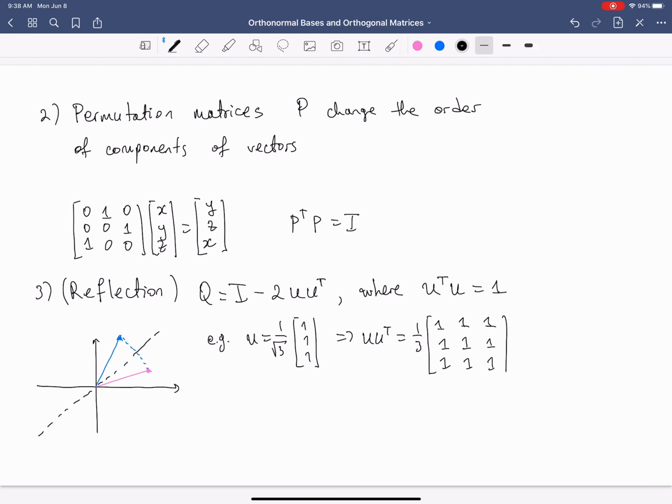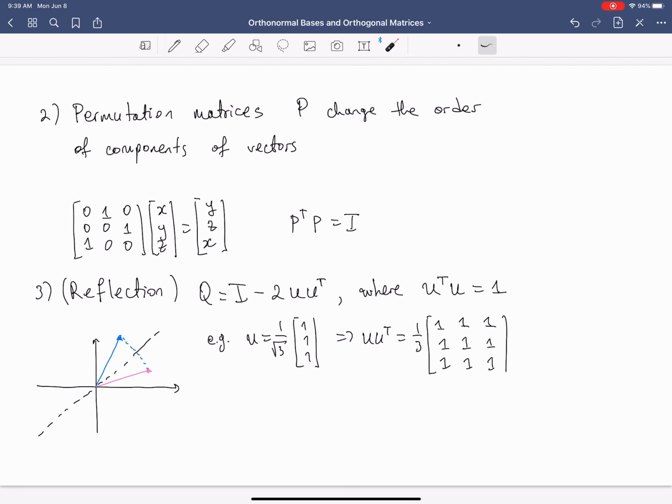And no matter whether you're in R3 or R5 or whatever R space you want to take, U U transpose is always a rank 1 matrix. It will have a bunch of numbers inside, but the rank will always be 1. If you want to construct a rank 1 matrix, this is it. Take any U that is not 0, then U times U transpose will give you a rank 1 matrix.